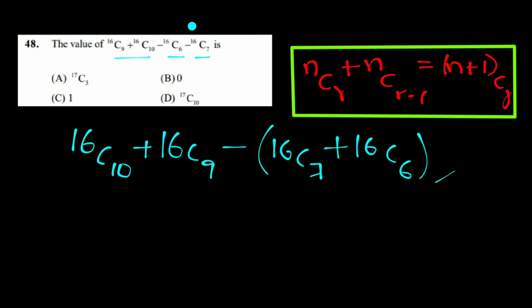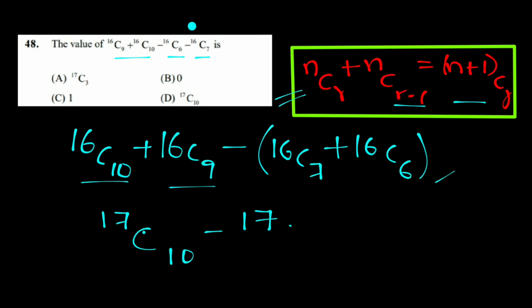Why I am writing: I have one formula here, nCr plus nC(r minus 1) is equal to (n plus 1)Cr. So now in this form, 16C10 plus 16C9, that is nothing but we can write (16 plus 1) is 17C10, r is 10, minus 17C7 also we can write.